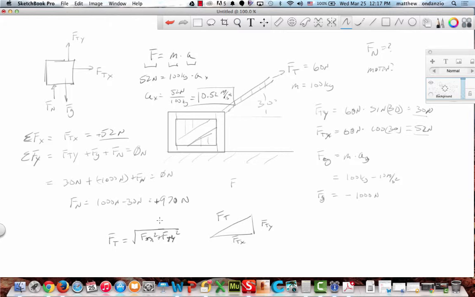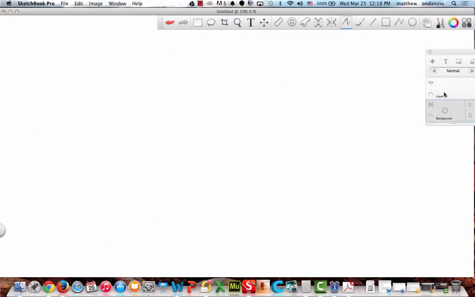Okay. How about a squared plus b squared equals c squared? So if a squared plus b squared equals c squared, okay, c equals the square root of a squared plus b squared.